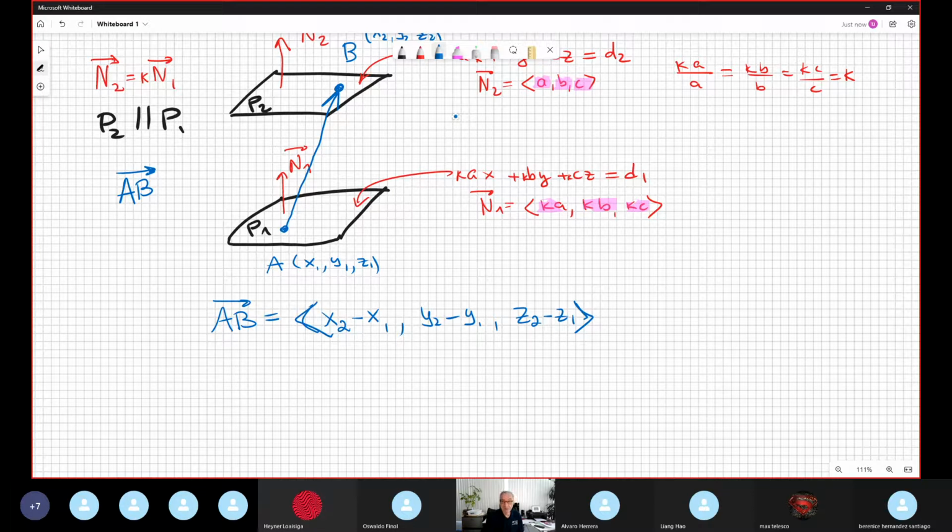On the other hand, we have the normal vector, a, b, c. But which normal vector do you use? Either, because they are parallel. So the only difference between these normal vectors is a constant. So you can use, for example, the normal vector with smaller numbers, right? Doesn't matter.